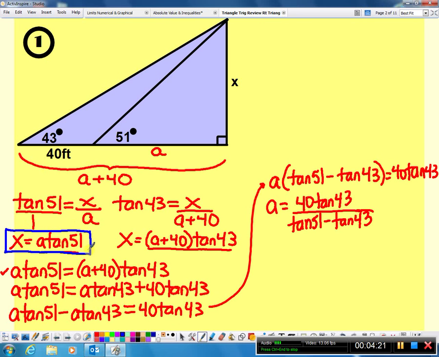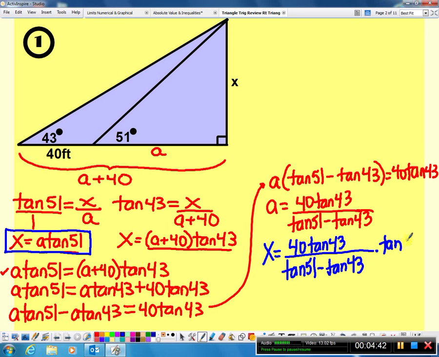So all I would have to say is, let me say that x equals my a value, which is 40 tan 43 over tan 51 minus tan 43, and multiply that by tan 51. So now you've got x equals a tan 51 with all numbers.